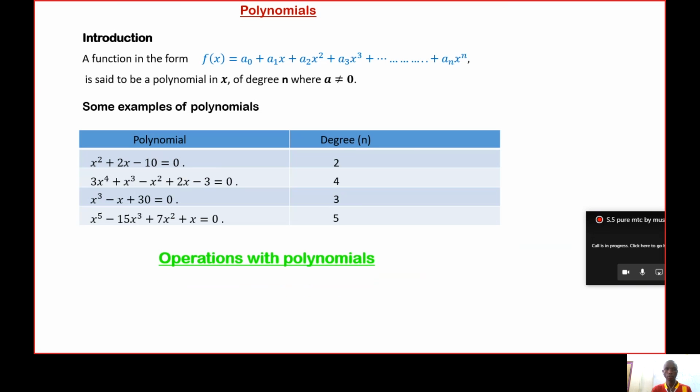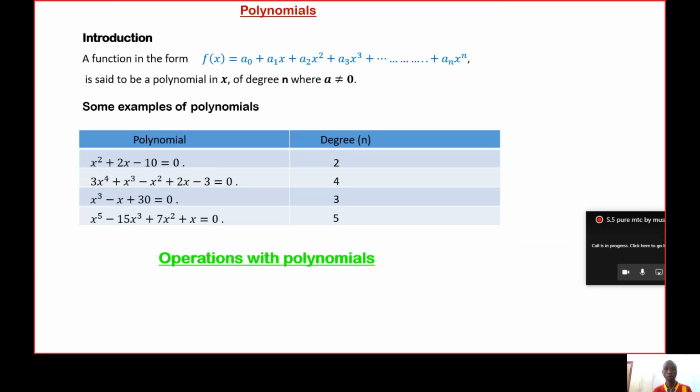All right. So those are some of the examples of polynomials. Let us go to operations with polynomials. When I talk about operations, I'm talking about addition of polynomials, subtraction of polynomials, division, even multiplication.